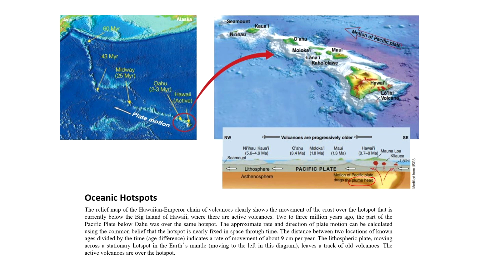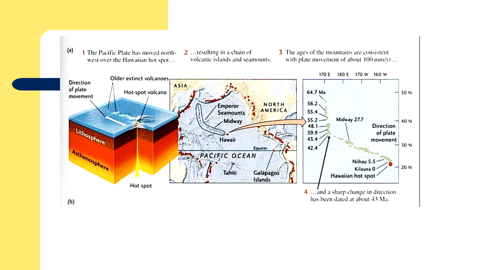What they found was that as you move away from the big island, the volcanic island chain, or the volcanoes, are older compared to the activity which is going on here.